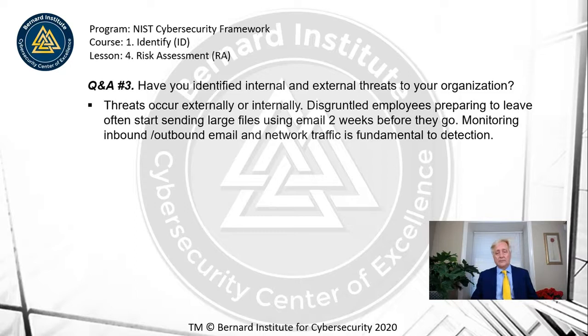So if an employee goes rogue or becomes disgruntled in their job, we might have a serious problem, more serious than an external threat indeed. So that might be something that we have to deal with. Usually we can detect some of these things because there's some behavioral activity that these types of threats do, and we can monitor for that.